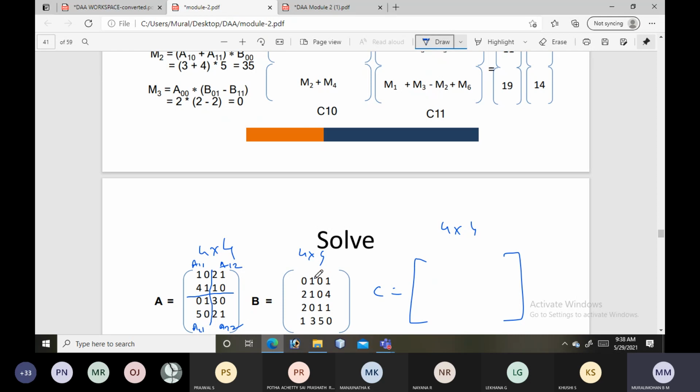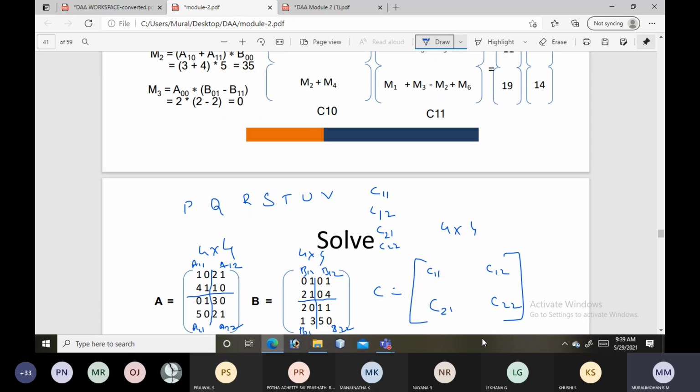Similarly here, it is B11, B12 and here it is B21, B22, right? So now you can calculate this P, Q, R, S, T, U, V. Once you calculate, then you find out C11, C12, C21, C22. So automatically you will get the answer, right?